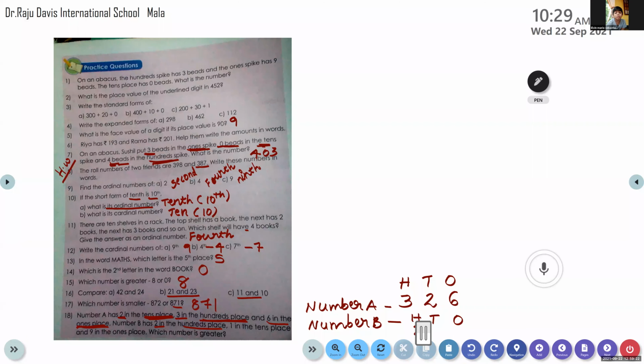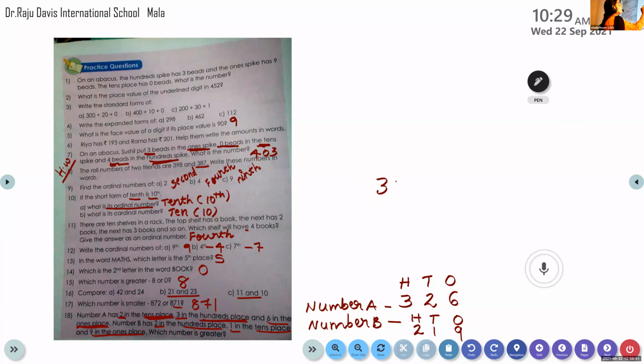And 1 in the tens place. So in the tens place we have to write 1. And 9 in the ones place. So ones place 9. So please read this number. 290. And the question is, which number is greater?